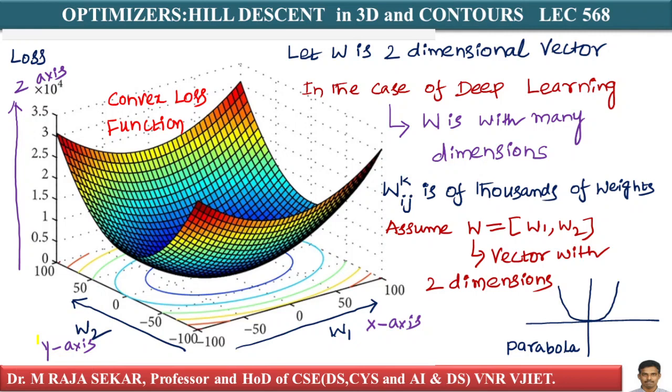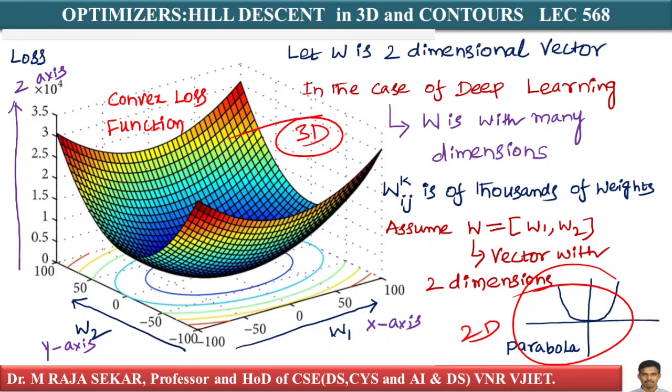What we see here is a 2D plot, and the same thing we are seeing in 3D. It's a 3D plot. Very interesting, very simple. This is also convex. That's important.